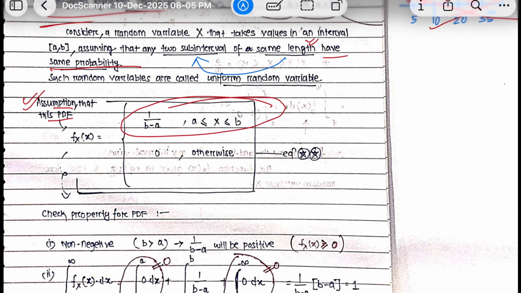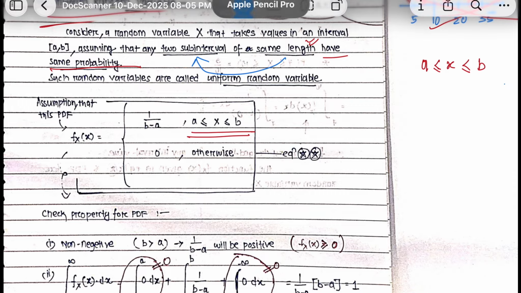Then we will guarantee that this is the formula for the first type, that is uniform random variable. If x is in the interval, then f of x is 1 by b minus a. We will now prove this thing, and we will be clearer about this.